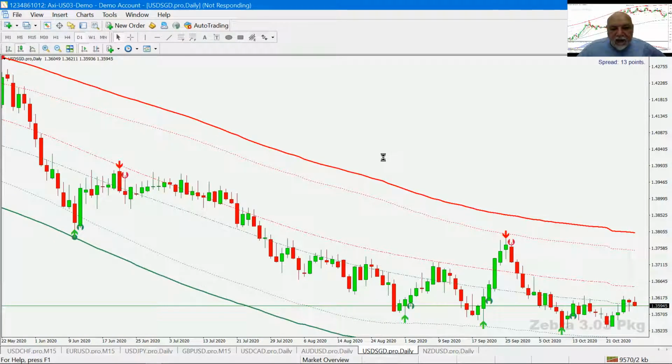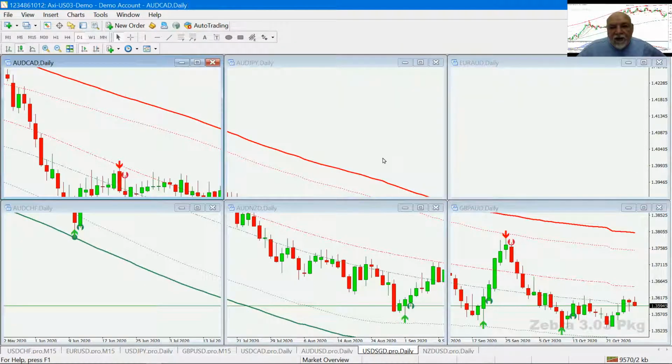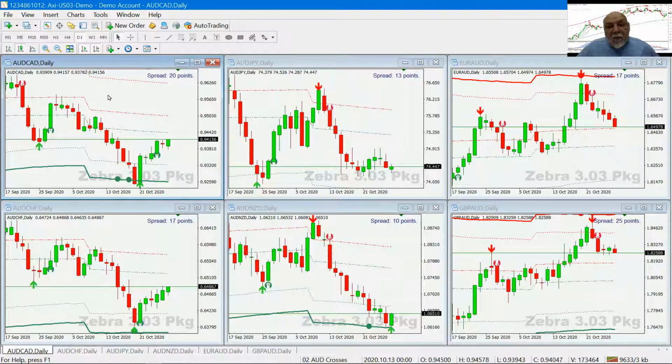Wait for that to come live. Okay, you can see here the 6 chart setup so that I have only the Aussie pairs, excluding the Aussie major one with the US. So these are the cross pairs.